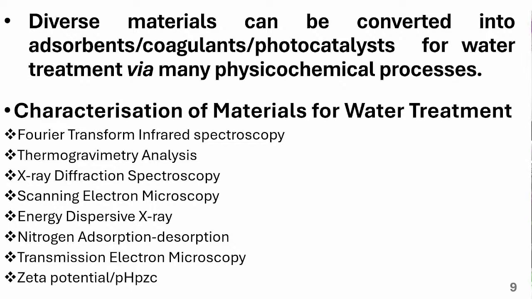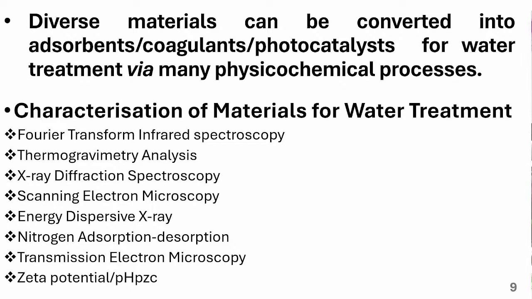And when material is produced, the materials will be studied, will be characterized to compare the commercial materials with the new material that is being produced in the laboratory, to really know that what we produce for water treatment is what we intend to produce. And these are some of the techniques for characterization of material before we apply the material for water treatment.